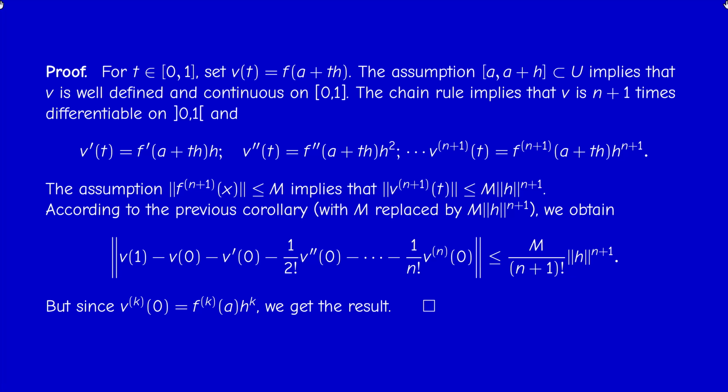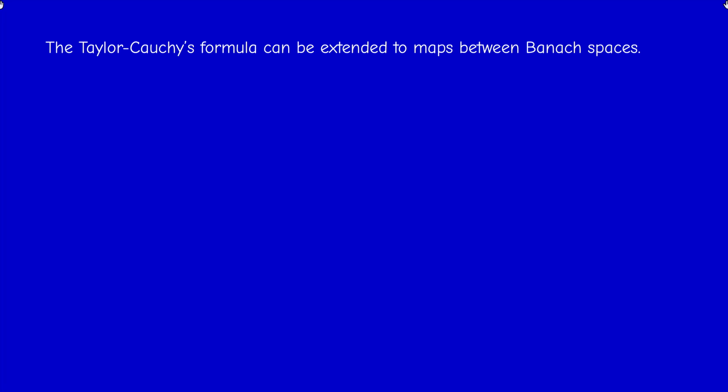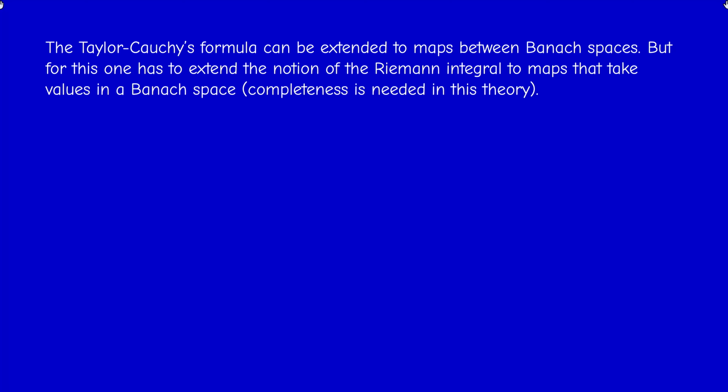Last form, Taylor with the integral remainder, can be easily proved by using lemma 4.4, but the problem is to define what we mean by the Riemann integral of a map taking values in a Banach space.